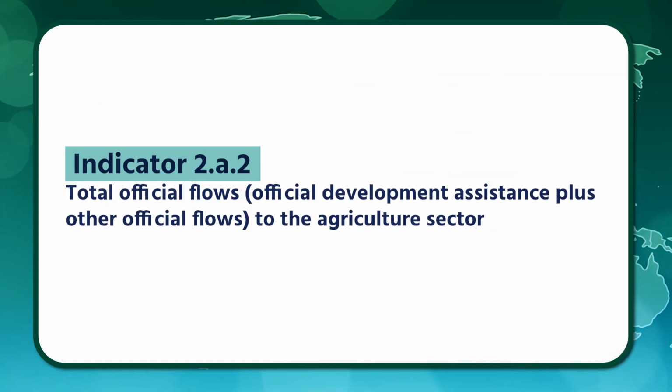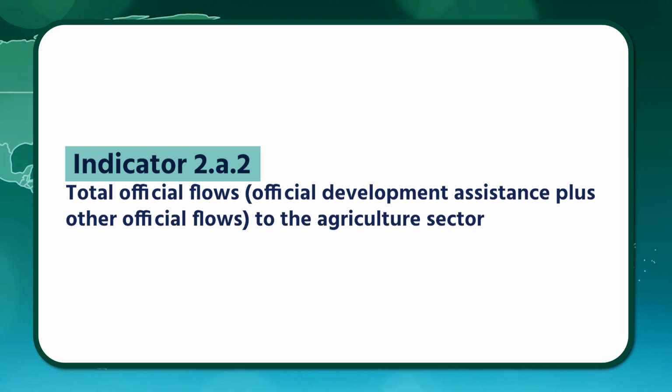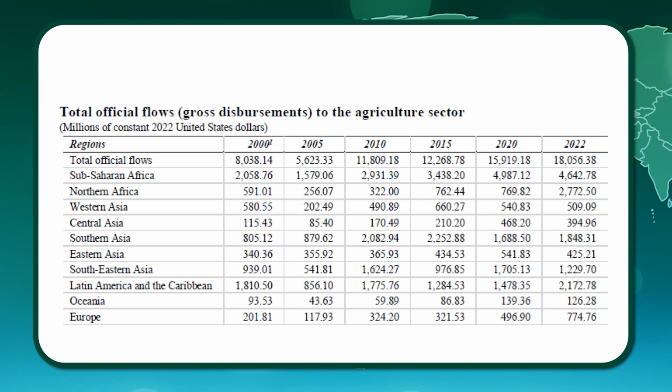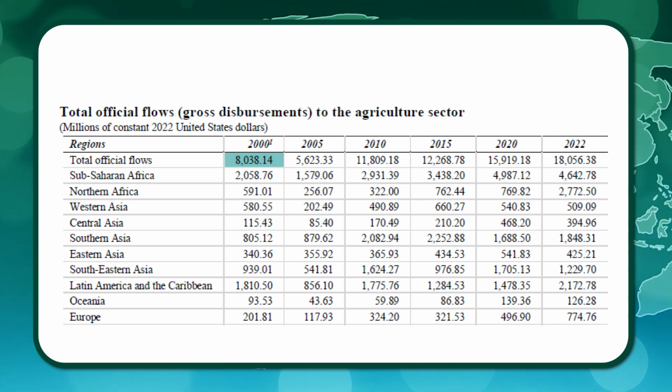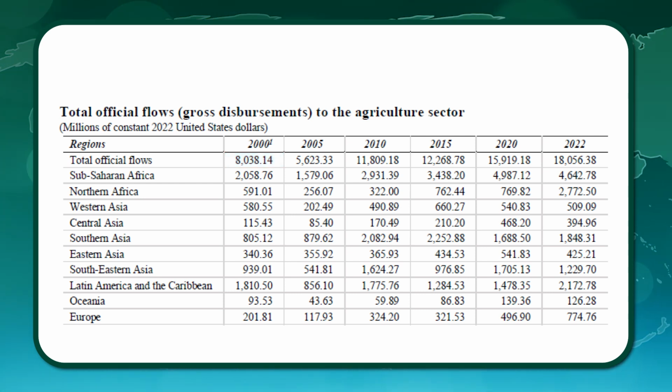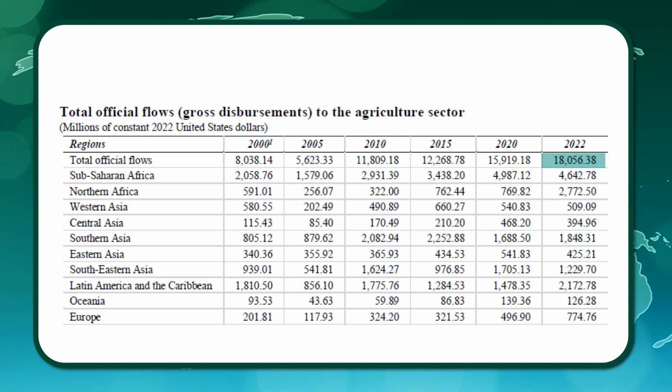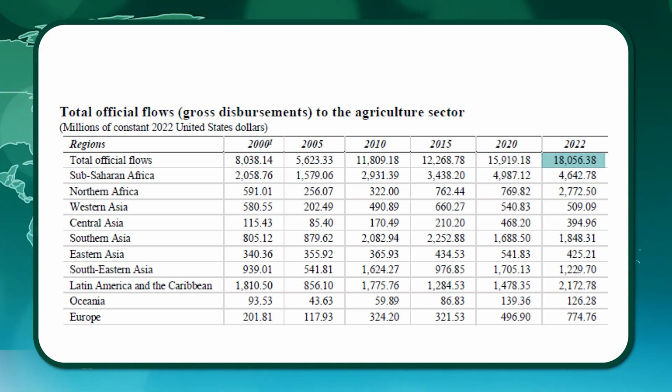When it comes to the total official flows, gross disbursement to the agriculture sector, it is 8,038 in 2000 and 18,026.38 in 2022. All right.